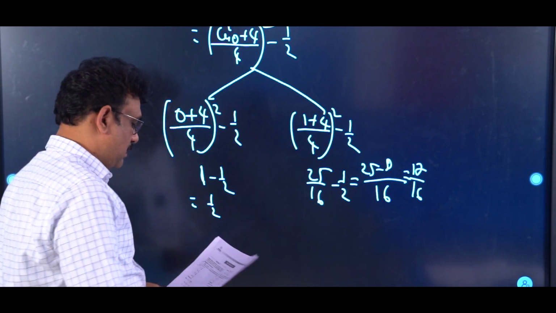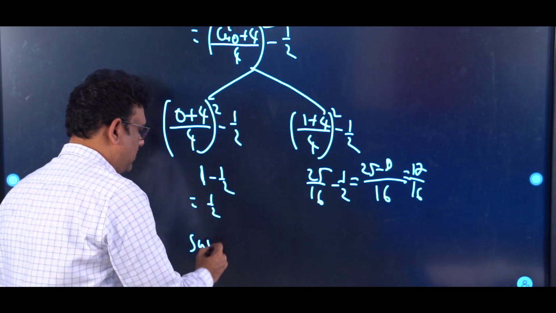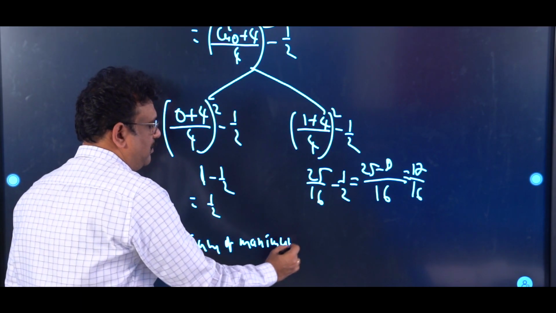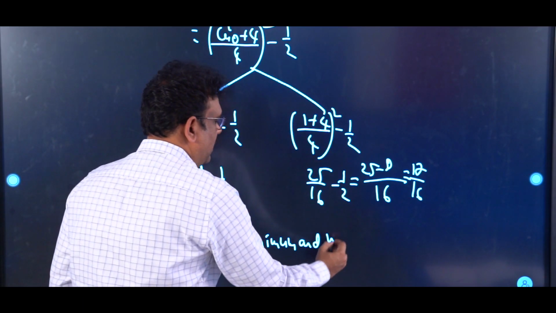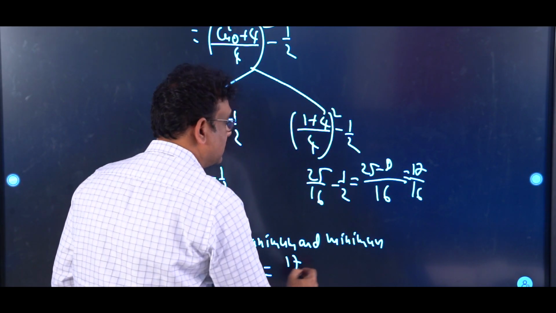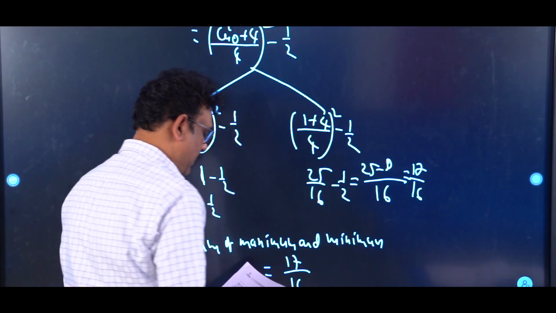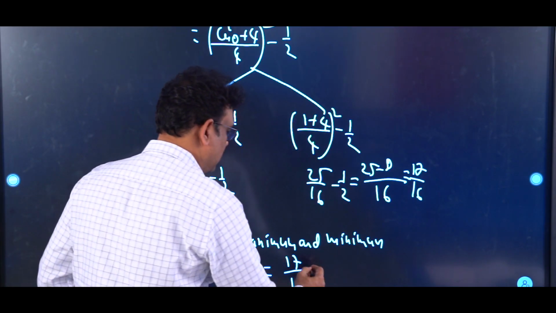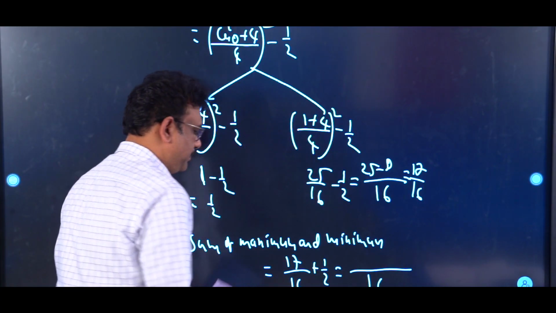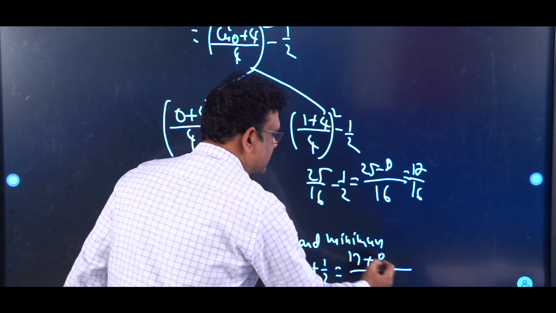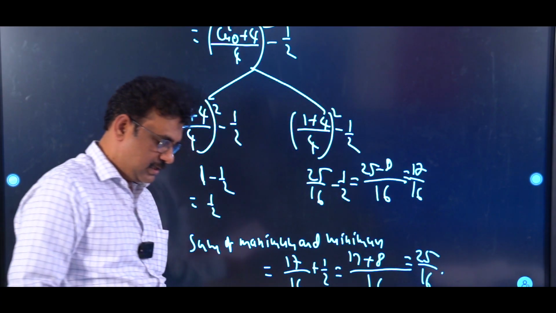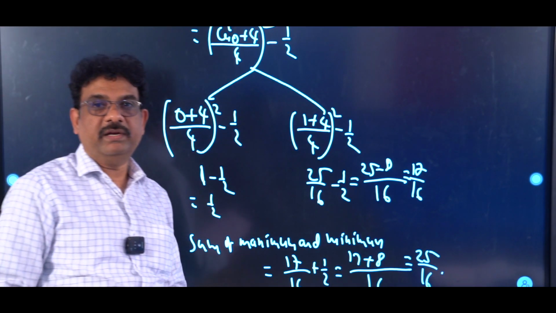So sum of maximum and minimum is equal to 17 by 16 plus 1 by 2, that is equal to 17 plus 8 by 16, that is equal to 25 by 16, that is option 1.